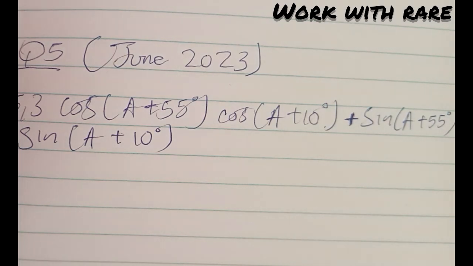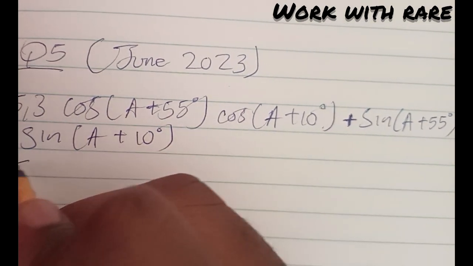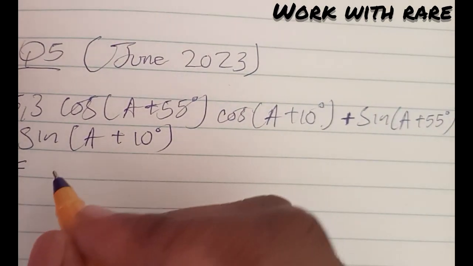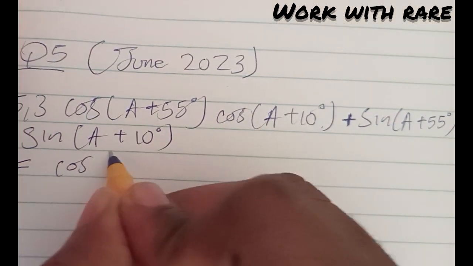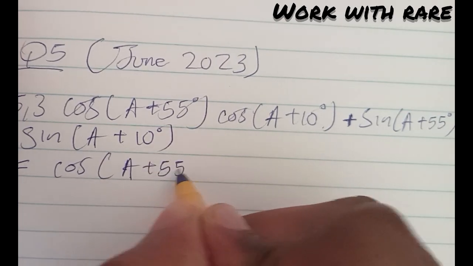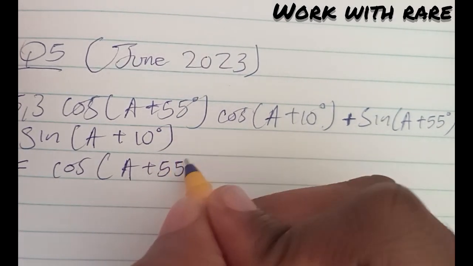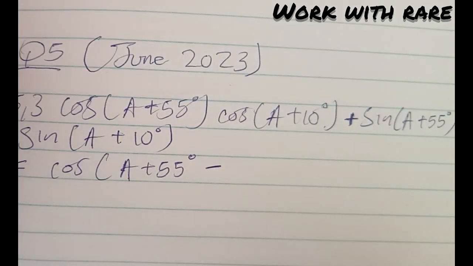First step, cos, then I open my bracket, a plus 55, minus, remember now we don't use the same sign because it's for cos, it's not for sine.